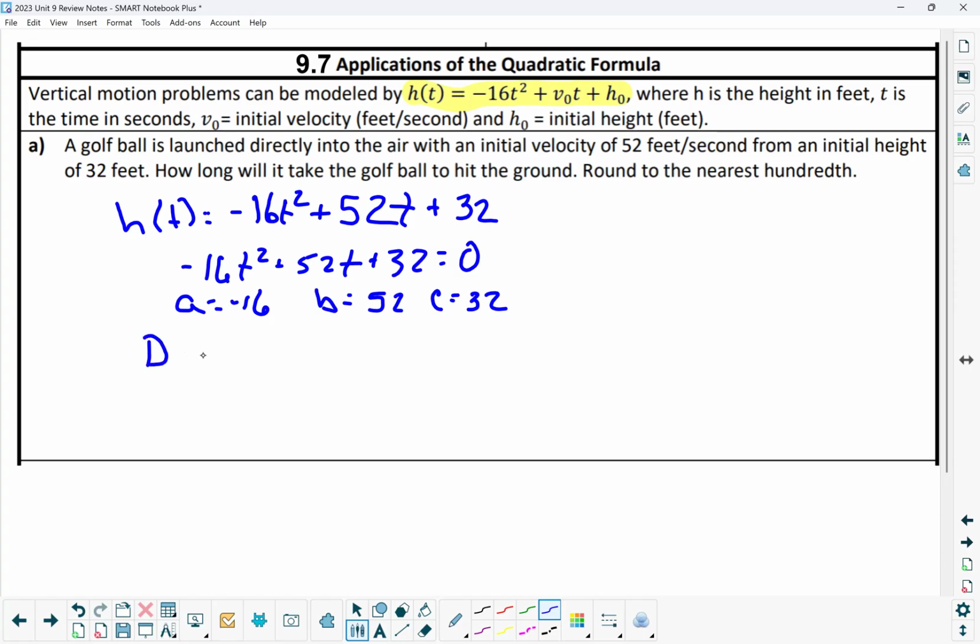Calculate the discriminant. B squared minus 4AC.